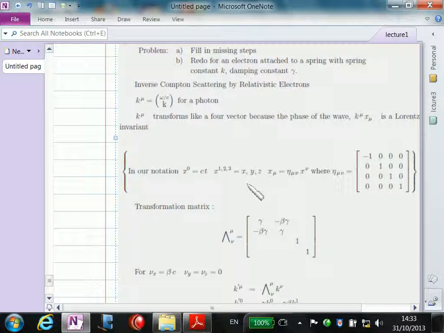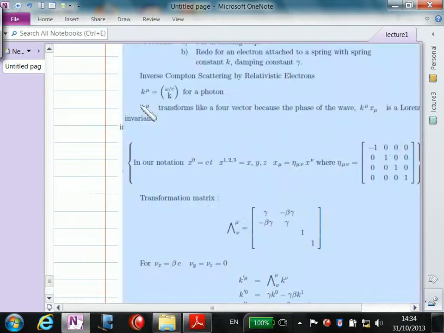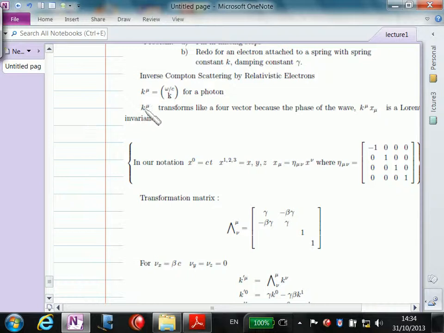But the k vector for the photon transforms like a 4-vector, a contravariant 4-vector. No, sorry, this is actually a mistake. The mu should be underneath, right?